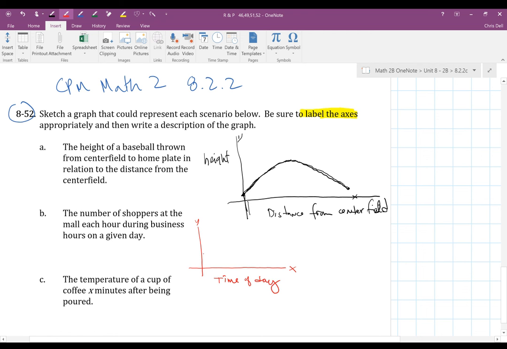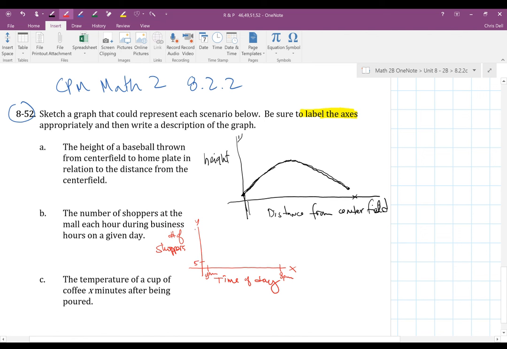So our time could start at 8 a.m. and then end up going to 8 p.m. We'll say in the mall, right? If we had the mall open for 12 hours, and then this would be the number of shoppers. Number of shoppers would be my y-axis, and it could be from 1 to, well, probably more than that.